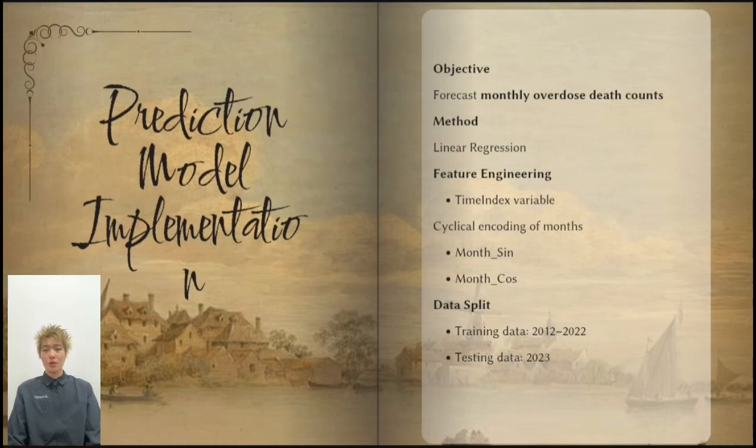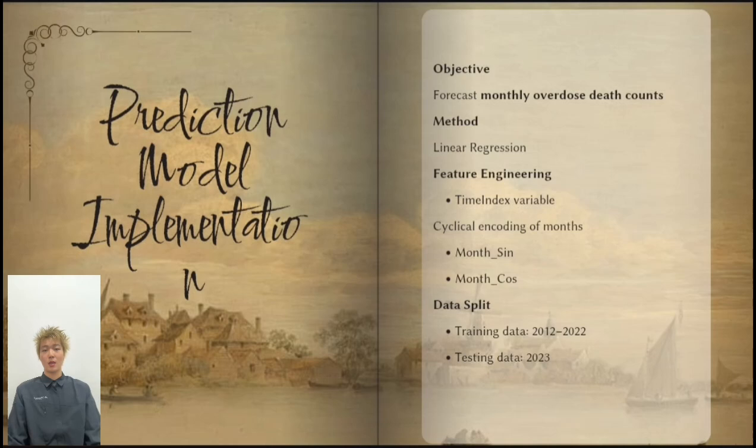To build this model, we first changed the dataset into a time-based format. The original dataset contained individual death records, so each row shows one case. However, for prediction, we need to know the number of deaths in each month.